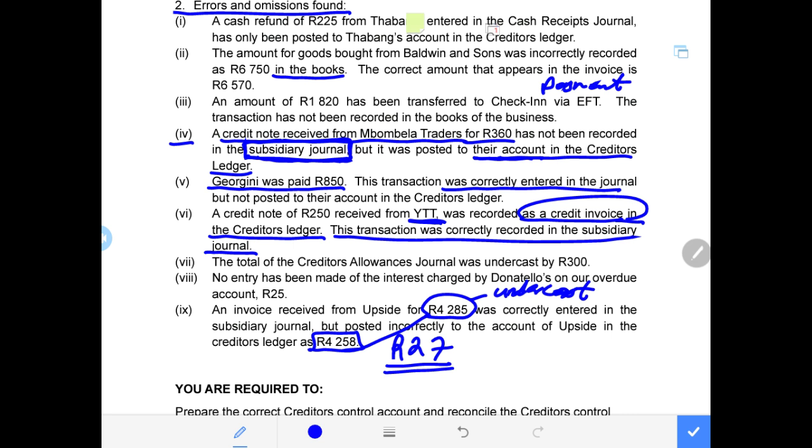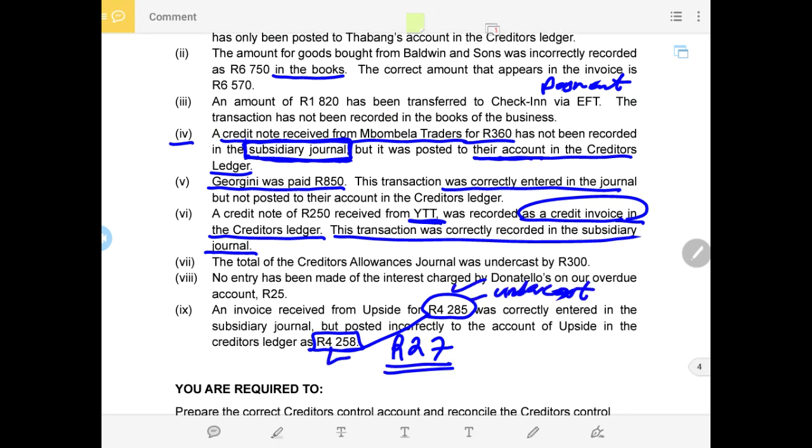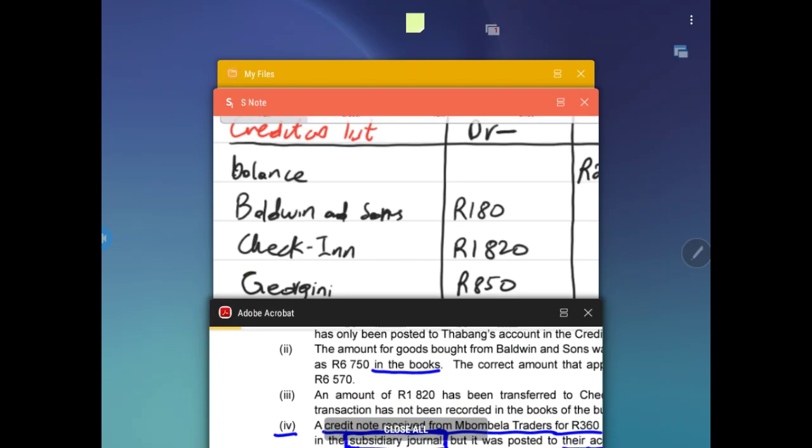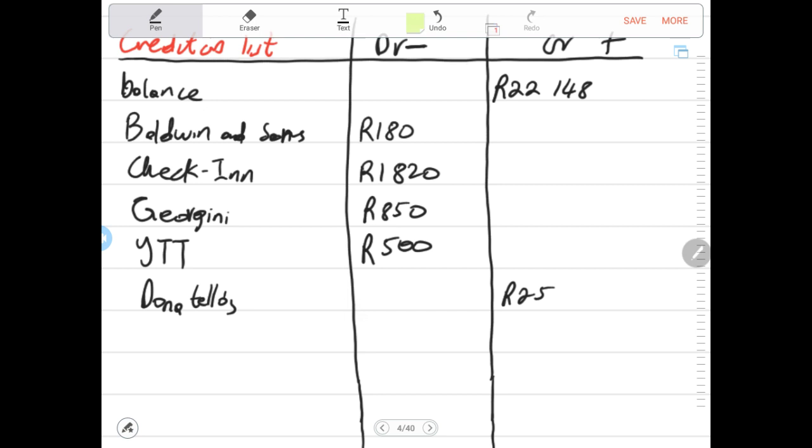The amount is recorded on the correct side. Take note of that. This amount of 4,285, which is what it is supposed to be, but we recorded 4,258, is recorded on the correct side. So in this case, we have recorded 4,258 instead of 4,285. So now let us do that one adjustment of 27 rand.